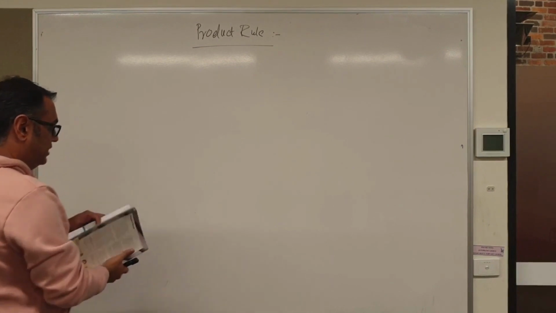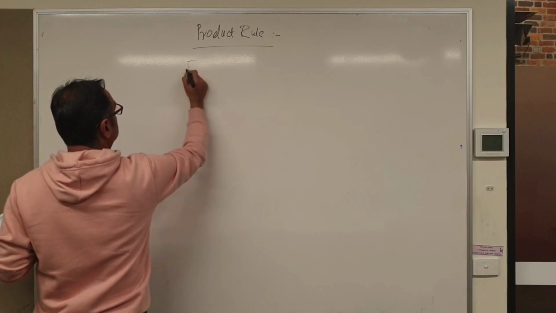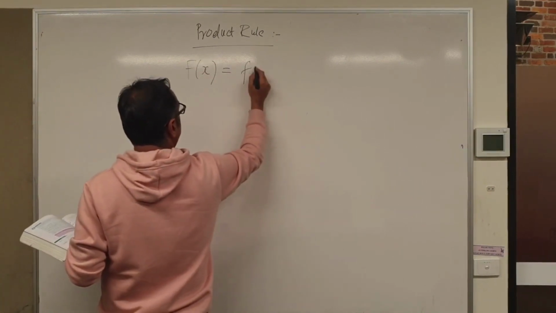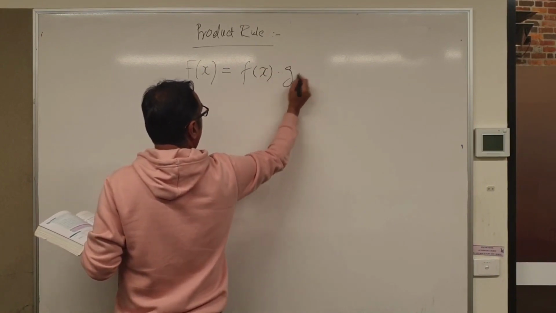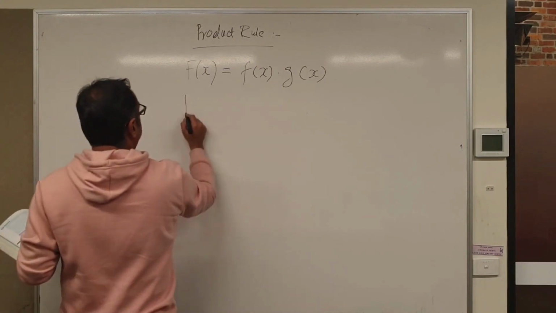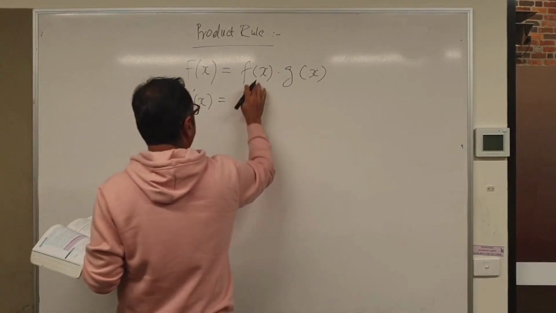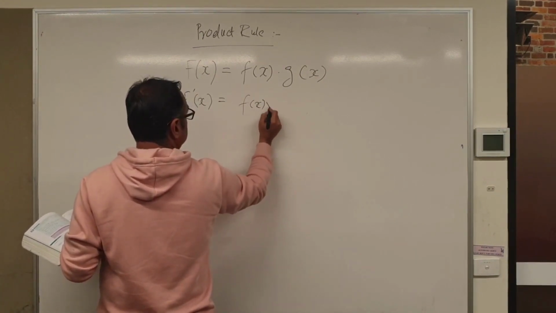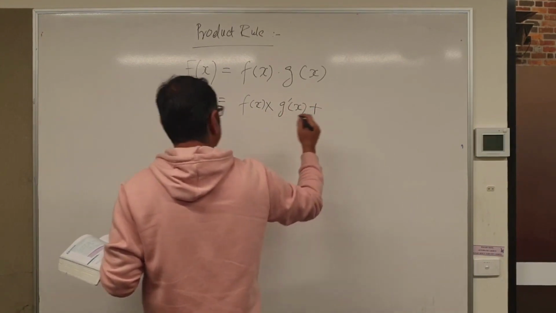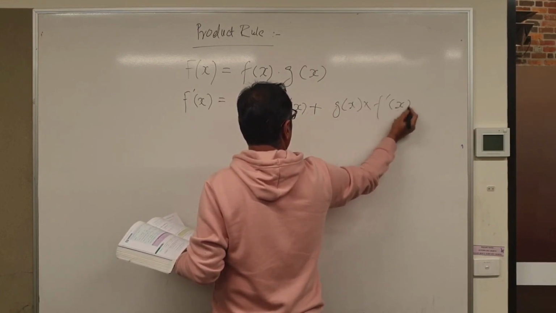The product rule just tells me that if you've got a function which is a product of two functions, then the differential of this function is basically the first function times the differential of the second function plus the second function times the differential of the first function.